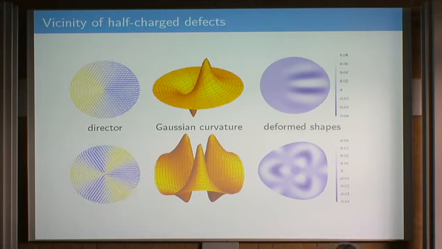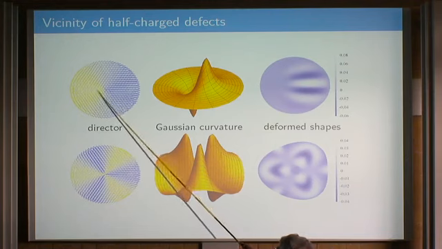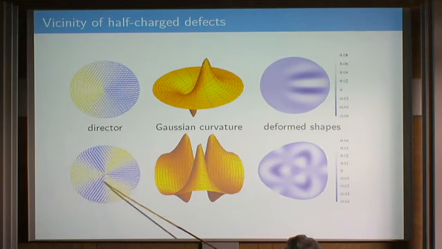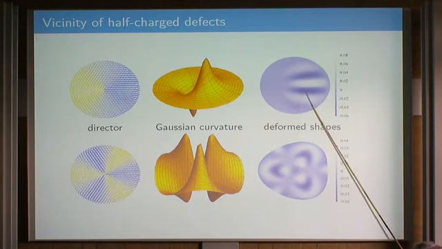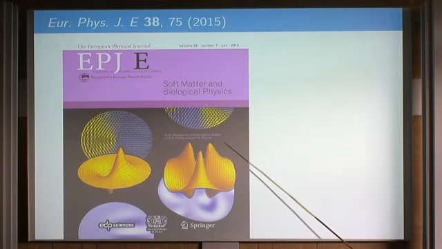And they have completely different structure. You see that this one has such a pi symmetry, and this has a triple symmetry. This is a Gaussian curvature, and this is the deformed shape, which is computed numerically. And they really liked these graphics, and so they put it on the title page of the last issue of PDE.